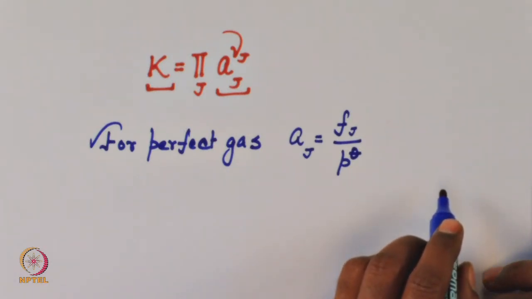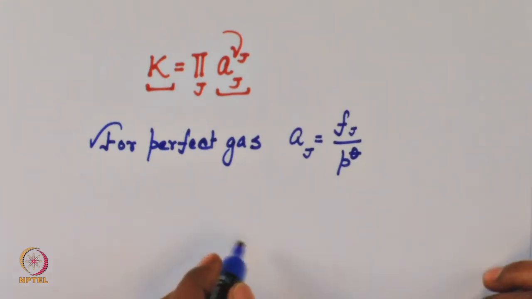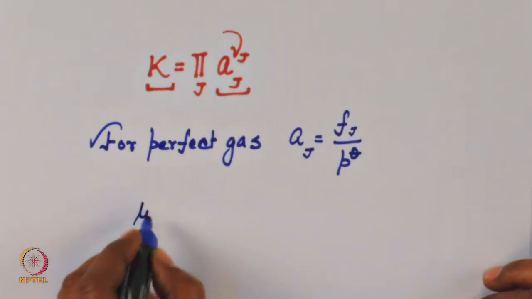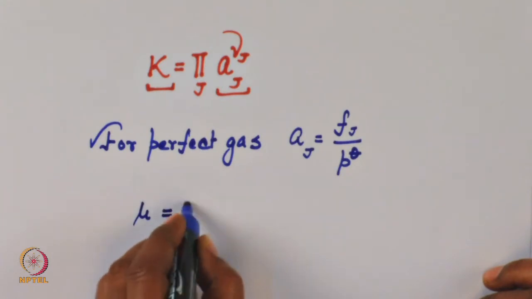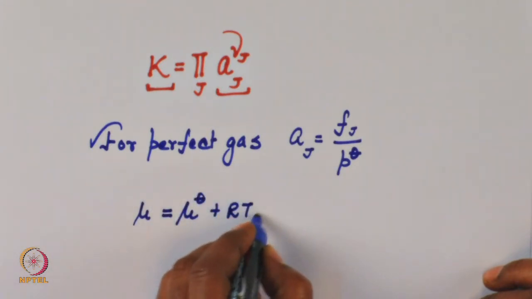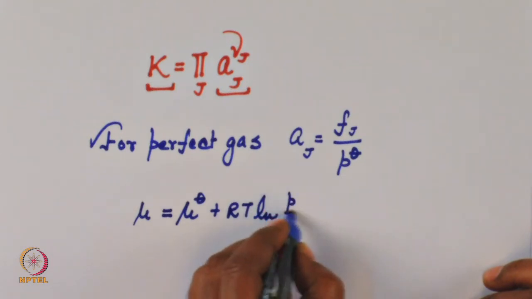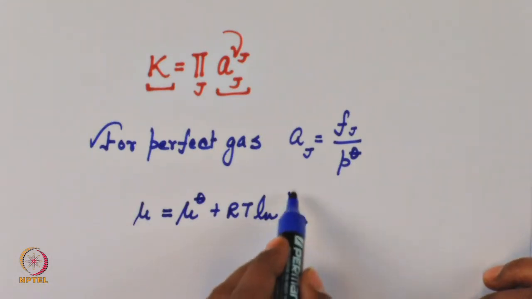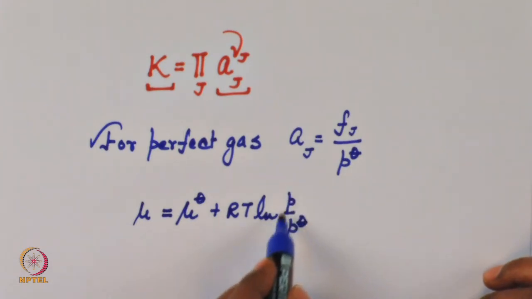And in fact, if you apply the same discussion to perfect gases, the chemical potential for a perfect gas will be equal to mu naught plus R T log P by P naught. So, whatever is the stoichiometric number, P by P naught is not going to have any unit.